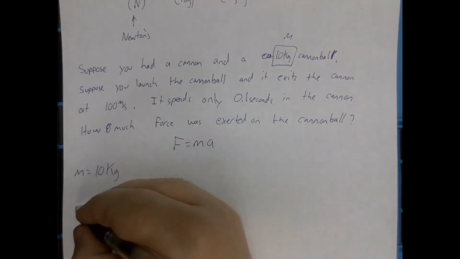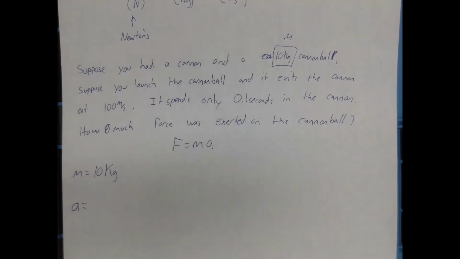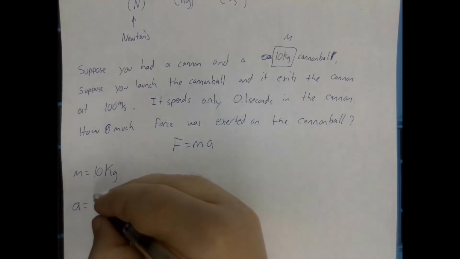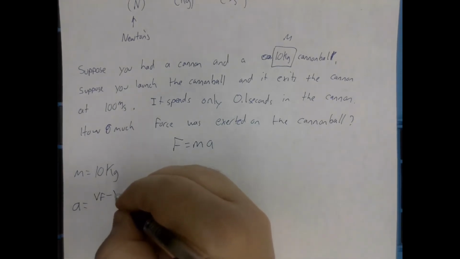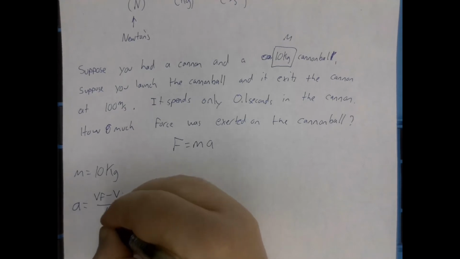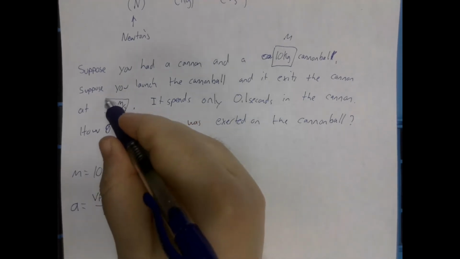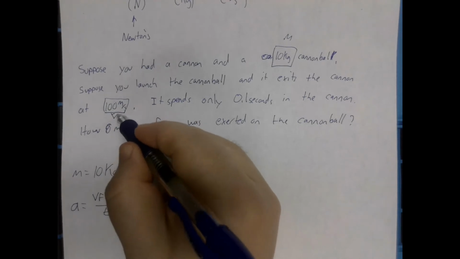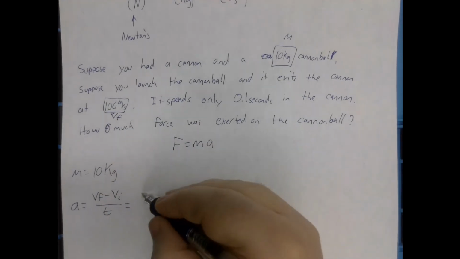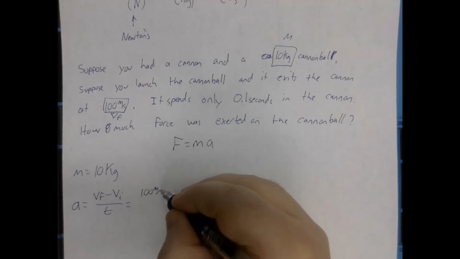Now acceleration. What's the equation for acceleration? Change in velocity over time. So our final velocity, this would be the 100 meters per second. So that's your VF, 100 meters per second.